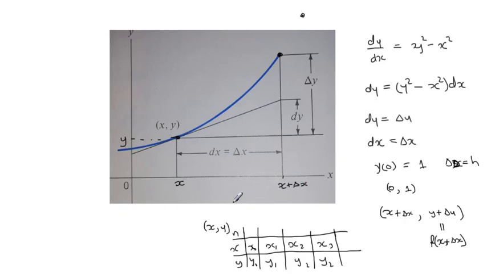So this discussion lands us at a situation whereby the next value, let's say we're given x0 and y0. Now if we want y1, what we've seen is that y1 is y0 plus the increment in y.